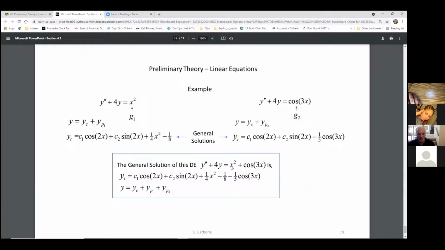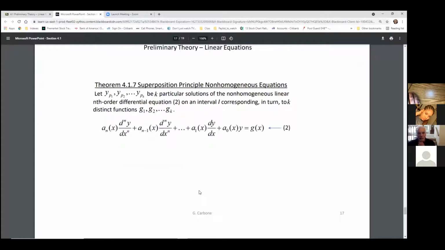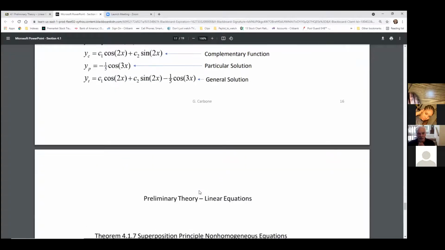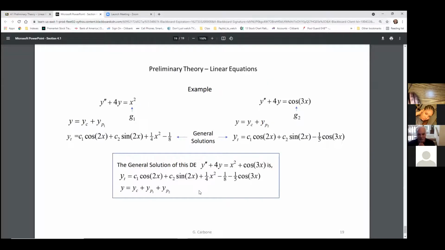If I now have a problem where the non-homogeneous part includes both terms, then the solution includes both the particular solutions I found. Okay. So if you read the book, it sounds very difficult, and I think the examples make it very easy to understand.